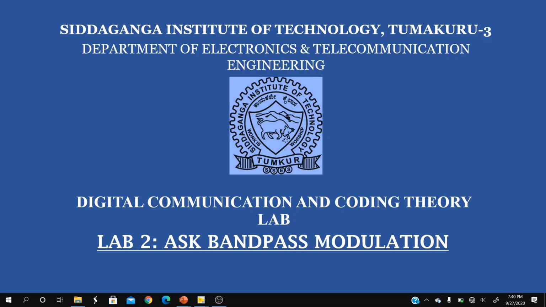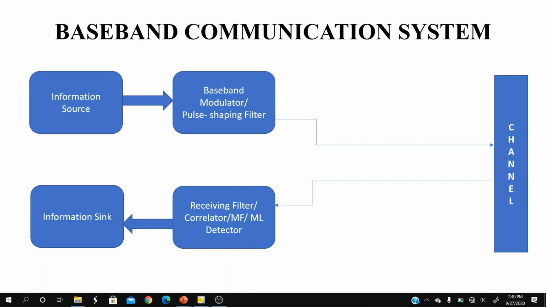So let us look at the block diagram of the baseband modulation communication system first, so that we will have a recall of the previous lab. This is how a baseband communication system would look like, which consists of an information source, connected to a baseband modulator, also called a pulse shaping filter, which is directly connected to the channel.